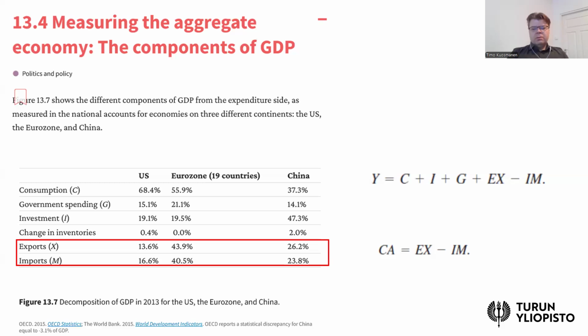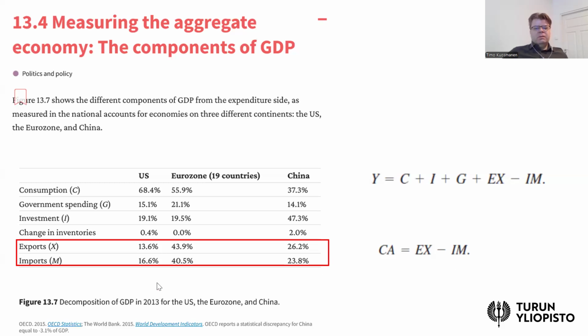Following the terminology of the system of national accounts, current account is simply the difference between exports and imports. So we have this formula: CA, current account, equals exports minus imports. This is also in the table.